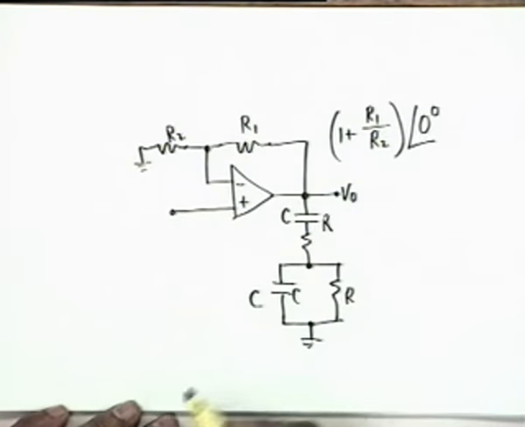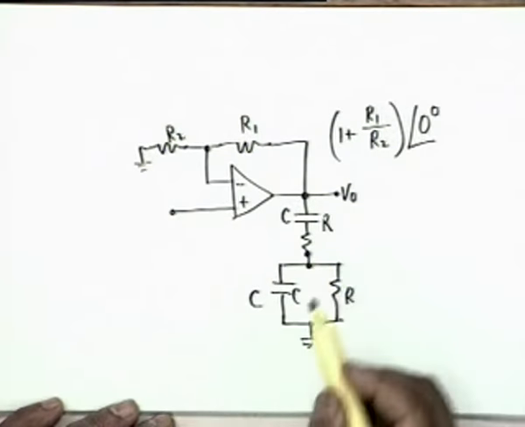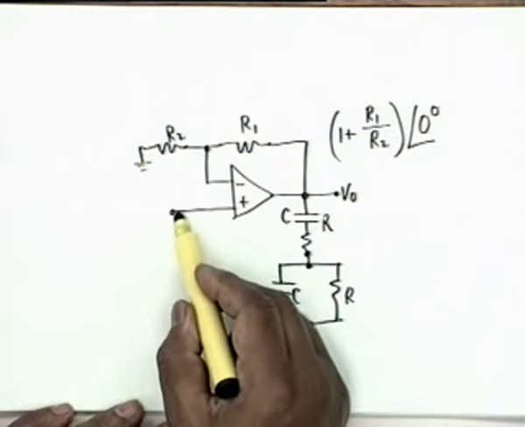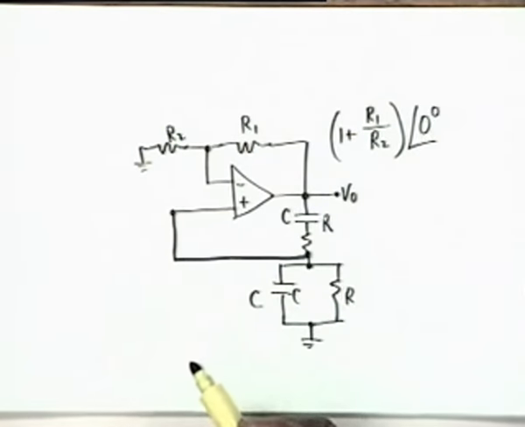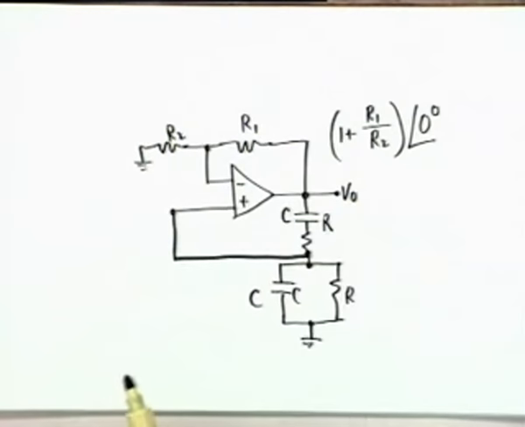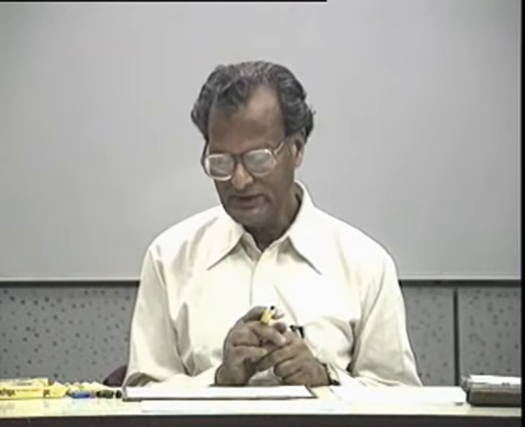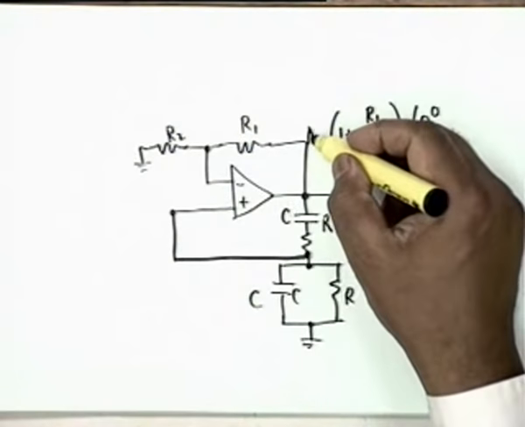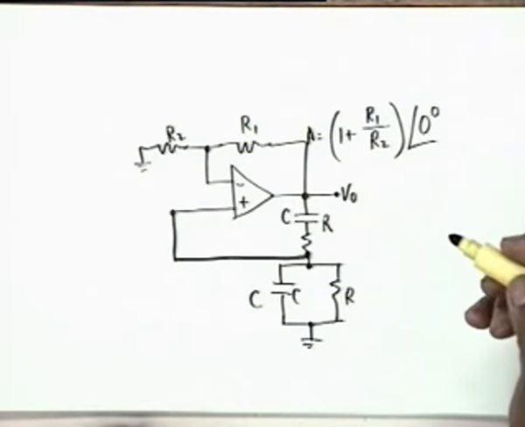This is the beta network, and it is a voltage feedback. A part of the voltage is connected here. Here of course you can very easily identify the A circuit and the beta circuit.